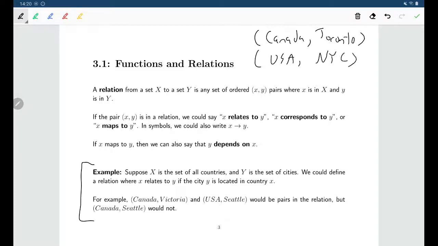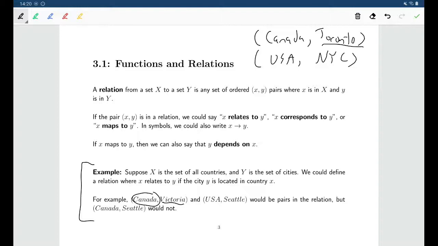That would be another pair that we would have. So it's possible that you could have in a relation one X coordinate that has more than one Y coordinate that maps to it. And we can see, in fact, for this particular relation, there would be Canada, comma, whatever the city is. There's lots of cities in Canada. So in fact, there's not just one or two points that have the same X value.